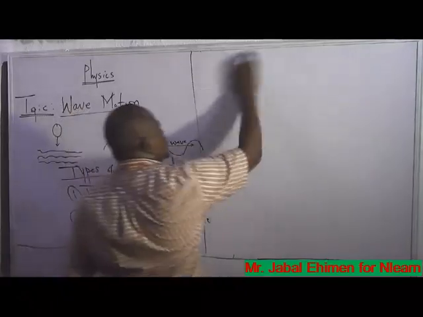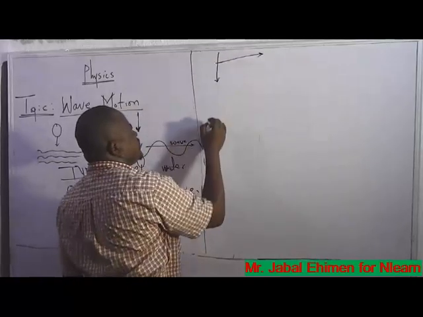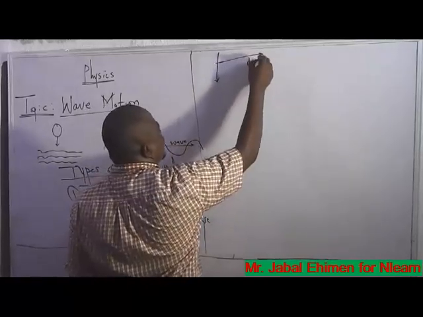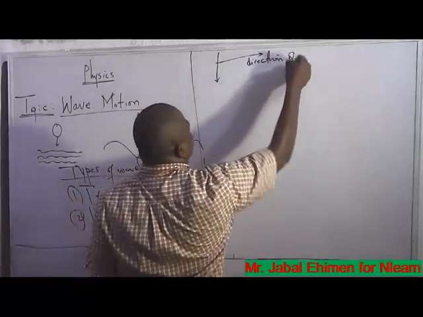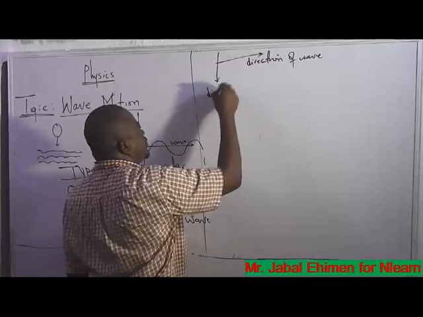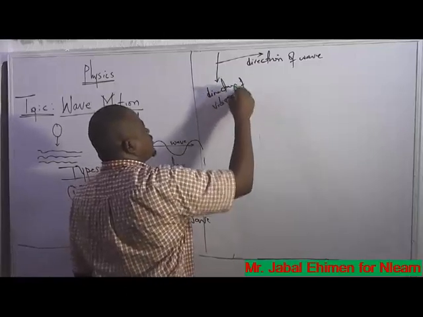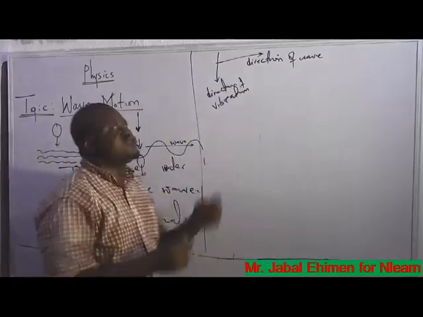If the wave is traveling in this direction, the vibration will be traveling in this direction. So if this is the direction of the wave, then this will be the direction of vibration. So the vibration is always perpendicular.